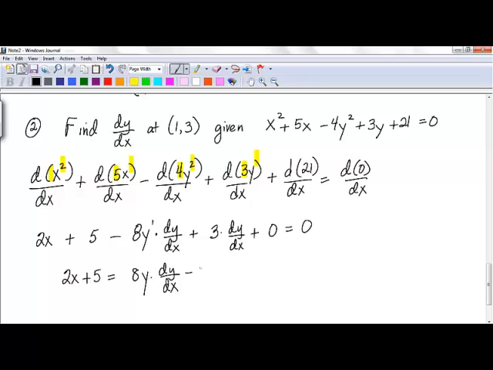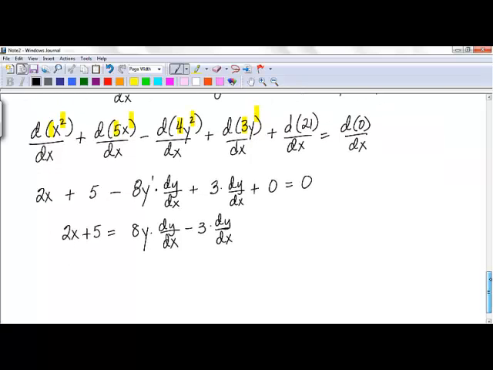And if I subtract, the 3 times the derivative of y with respect to x. The next step, factor out the dy over dx. So you'd have 2x plus 5 equals, if you factor out that derivative of y with respect to x, 8y minus 3 left in the parentheses.